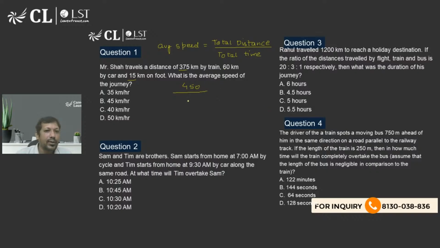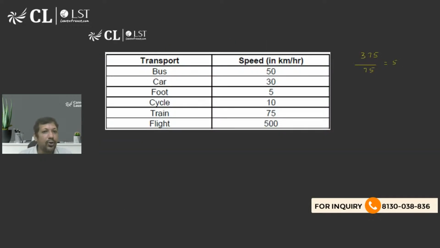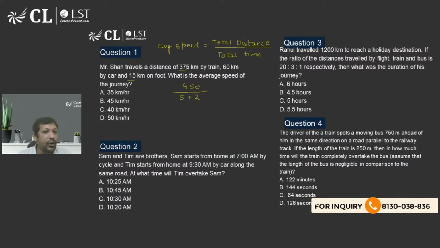So I got 5 hours in train, 2 hours in car, and 15 kilometers on foot. Speed on foot is 5 kilometers per hour, so 15 kilometers means 3 hours. So plus 3. Total distance is 450, total time taken is 10. So this comes out to be 45 kilometers per hour.